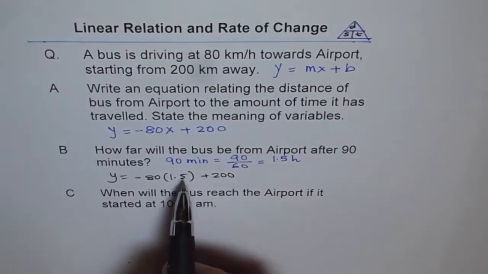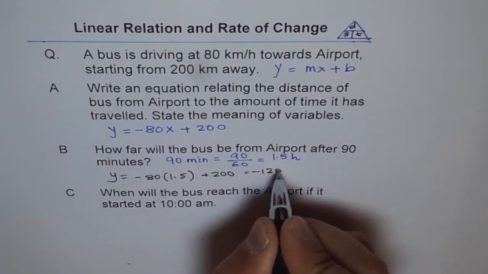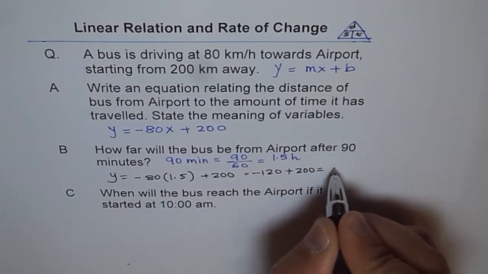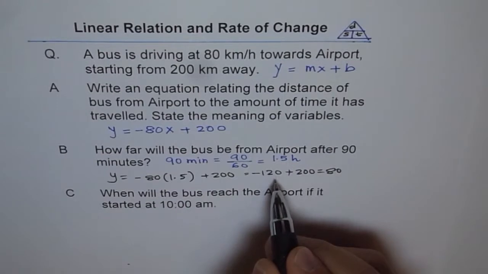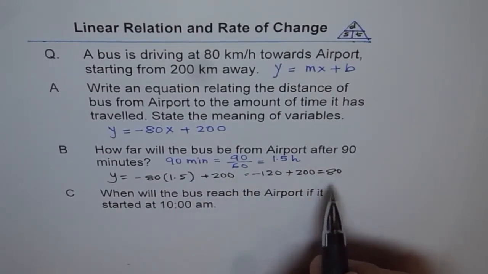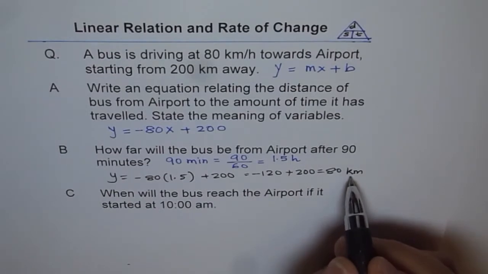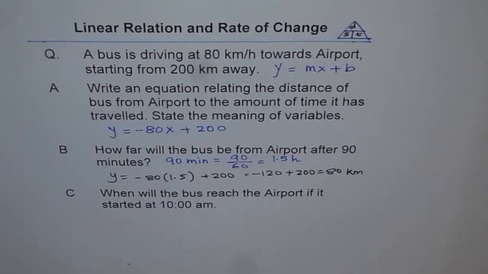That is what we get here. 80 times 1.5 with a minus sign, 120, right? So it is minus 120 from 200. So we get 80 as our answer, right? 200 minus 120. So the bus will be 80 kilometers away from the airport after 90 minutes. That's how we answer. I hope you understand.